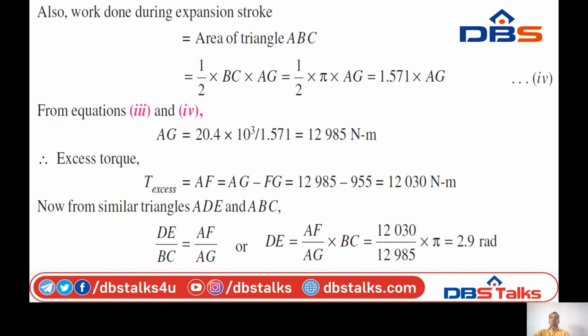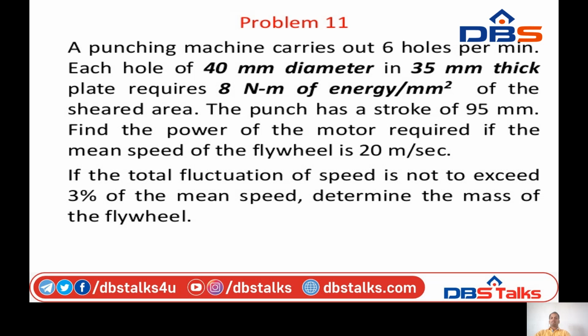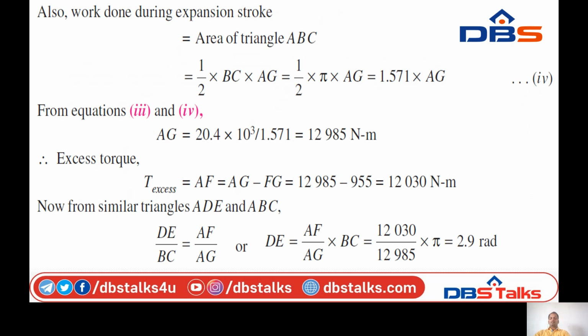Now, the maximum fluctuation of energy, delta E, is to be found out. Delta E is equal to the area of ADE, that is the maximum fluctuation. So half into DE into AF, that is half into 2.9 into 12,030.